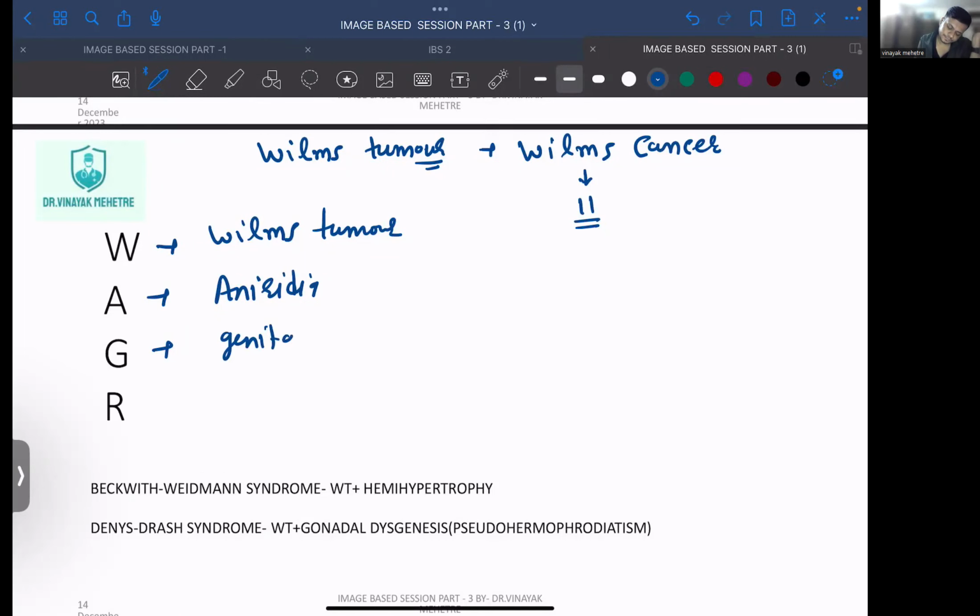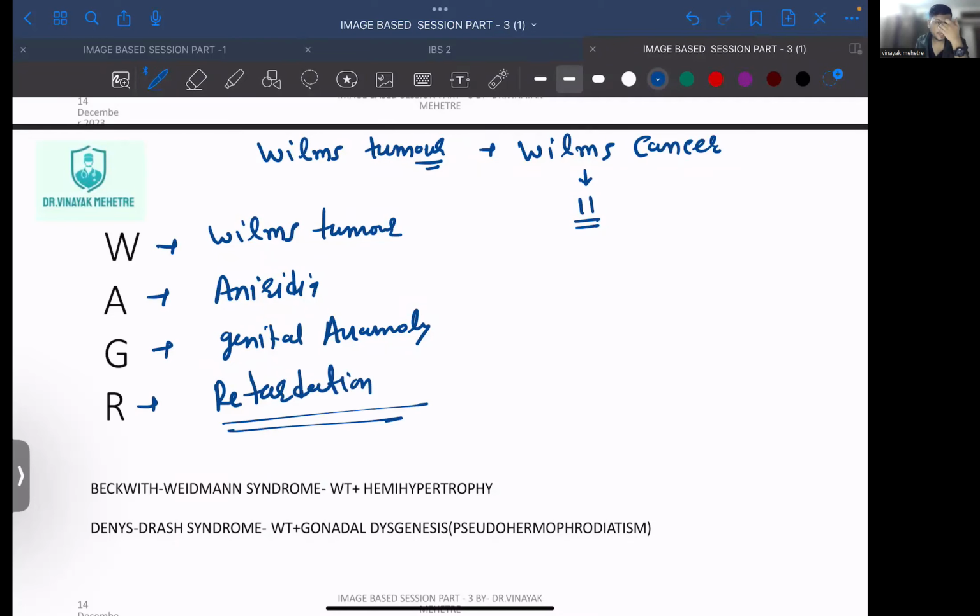Genital anomaly. And what does R stand for? Retardation, that means mental retardation. And this is your WAGR syndrome: Wilms tumor, aniridia, genital anomaly, and retardation.